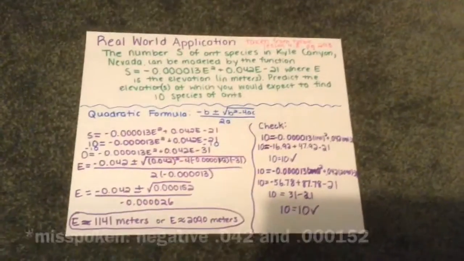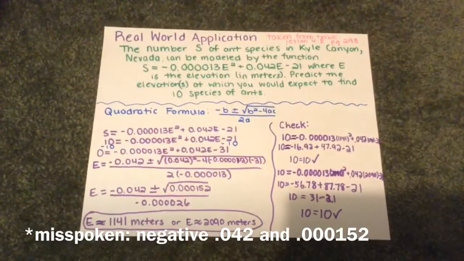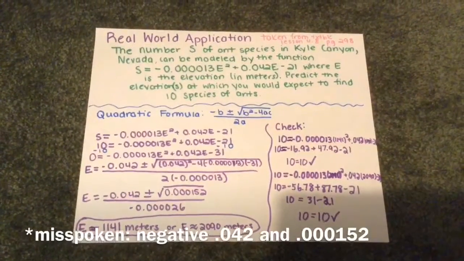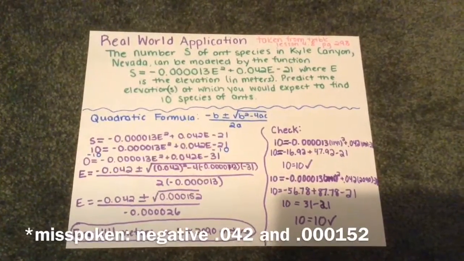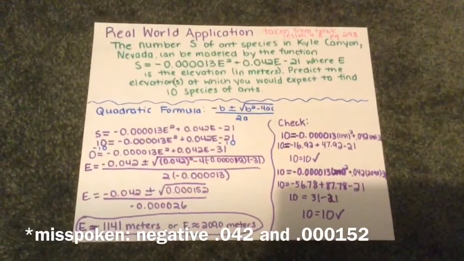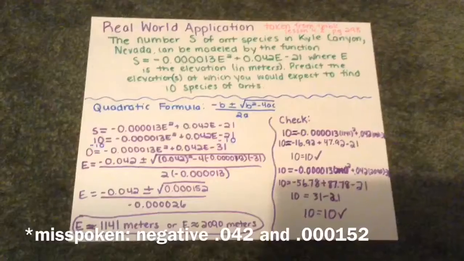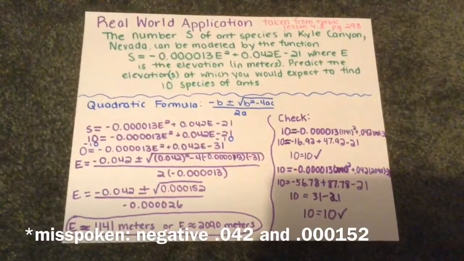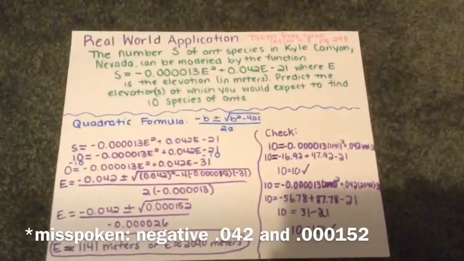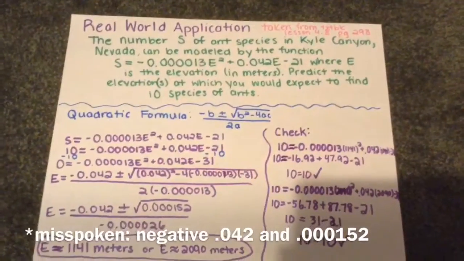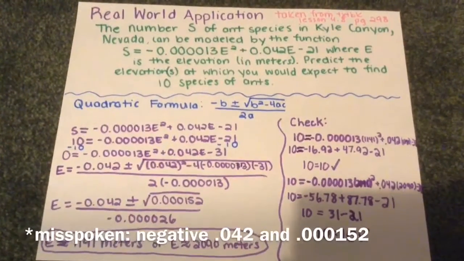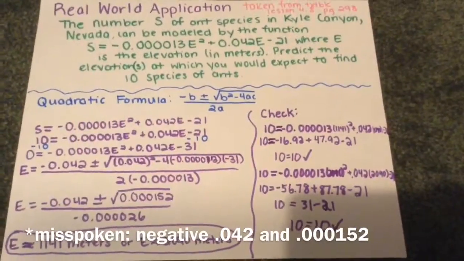So this is our real-world application problem, and it is the number s of ant species in Kyle Canyon, Nevada, can be modeled by the function s equals negative 0.000013 e squared plus 0.042 e minus 21, where e is the elevation. And you're supposed to predict the elevation at which you would expect to find 10 species of ants.